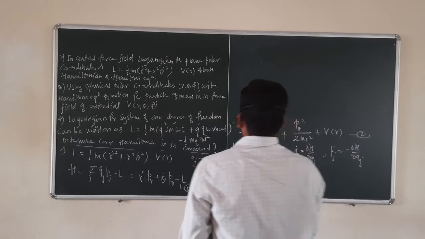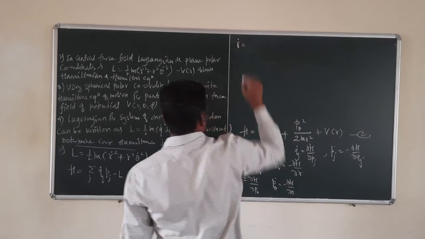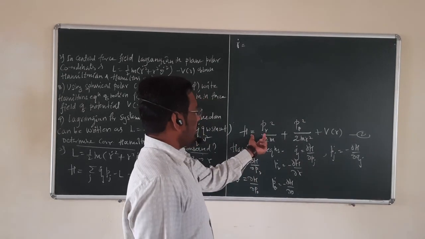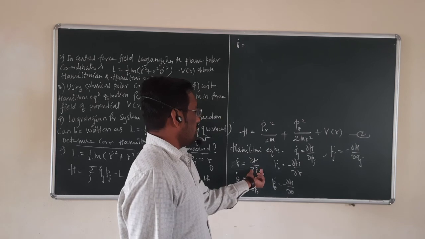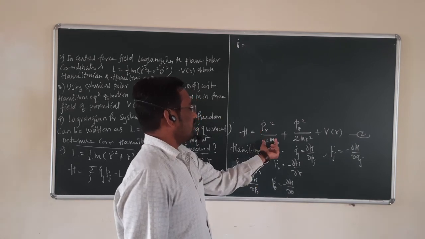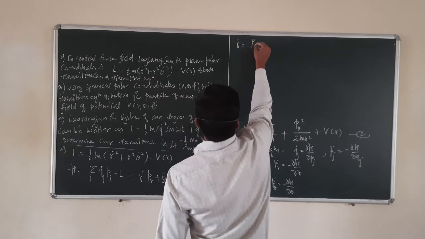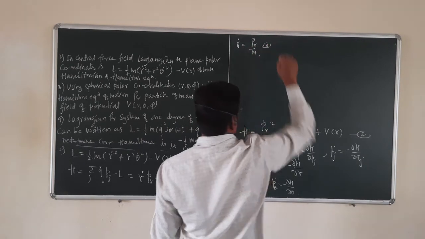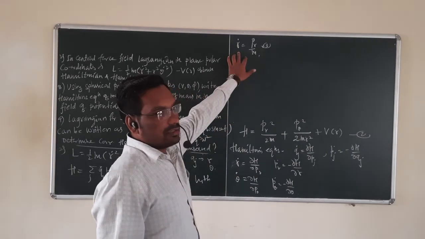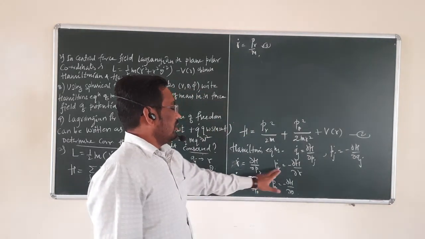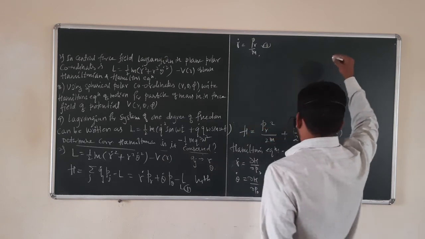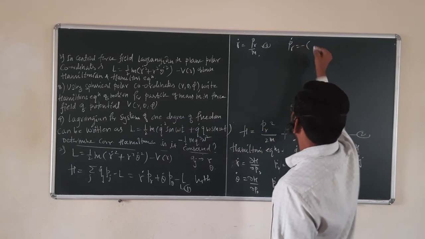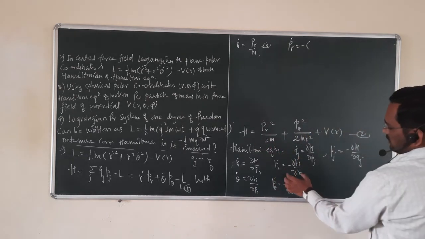Now all these four equations become, first of all, r dot. So r dot is equal to the partial derivative of H with respect to pr. So we have to take the partial derivative of the Hamiltonian with respect to pr, and that becomes pr upon m. This is the first Hamilton's equation, equation number 3. From this, pr dot is equal to minus the derivative of the Hamiltonian with respect to r.